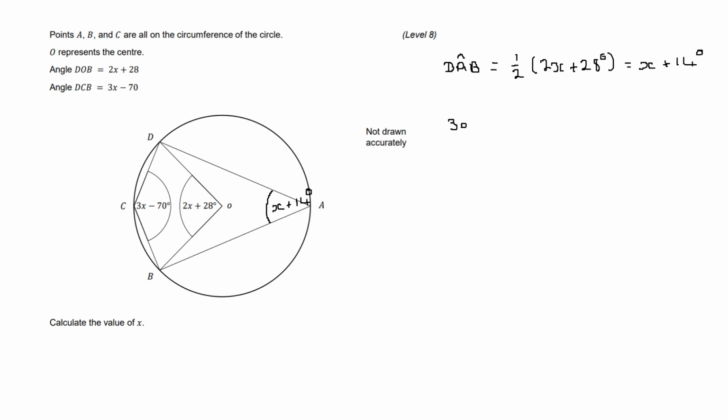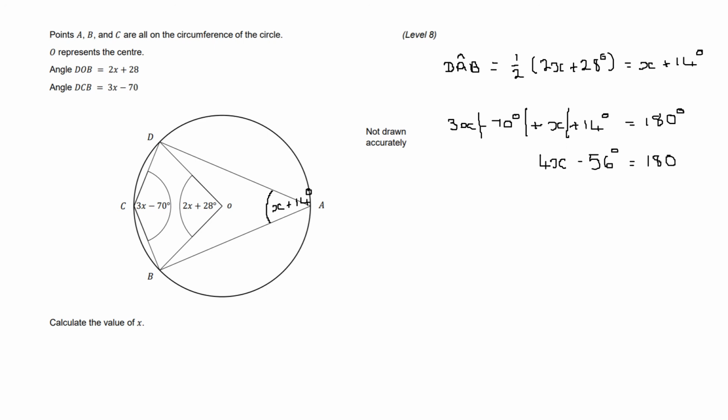So I'm going to have 3x minus 70 degrees plus x plus 14 degrees is equal to 180 degrees. I'm going to simplify that. So remember, if you get a bit shaky with where your positives and negatives go, lines before the signs. 3x plus x will give me 4x. Negative 70 plus 14 is going to give me negative 56 degrees.